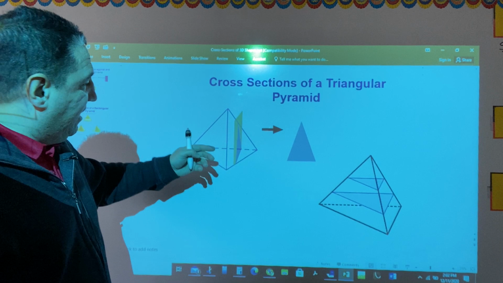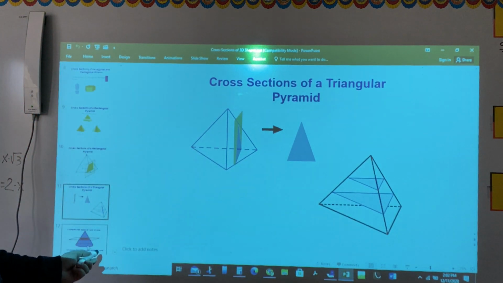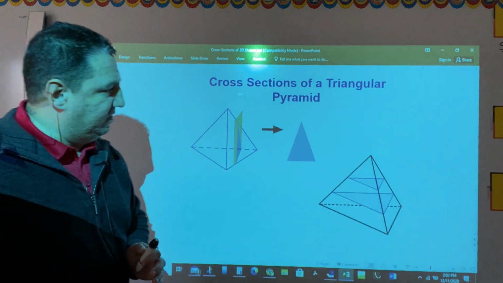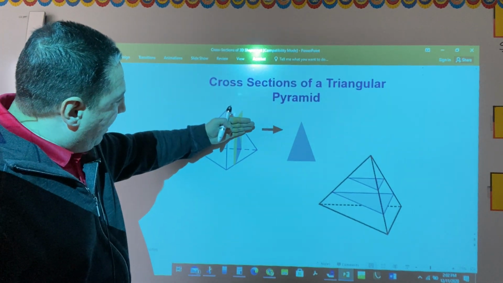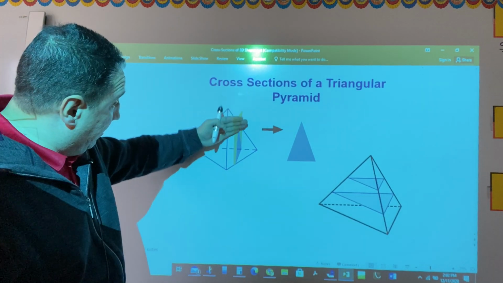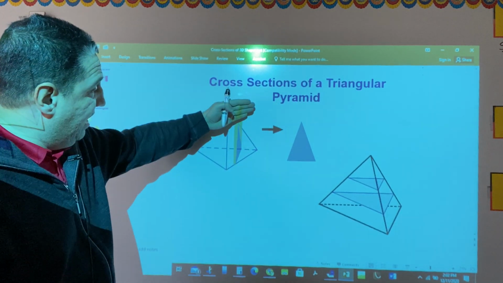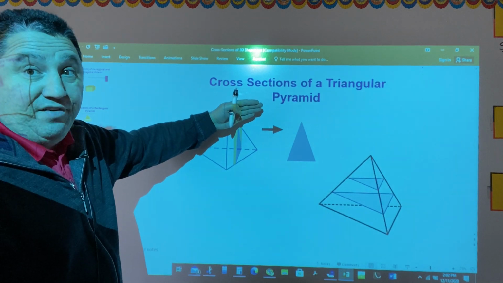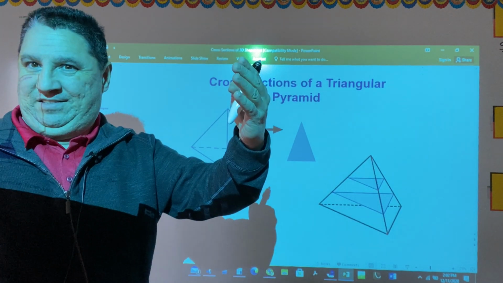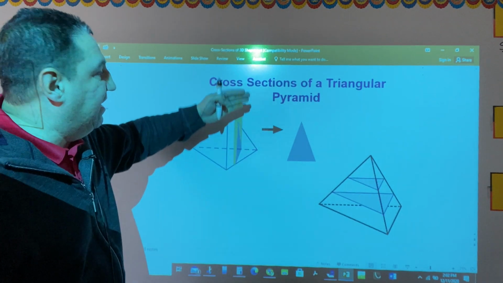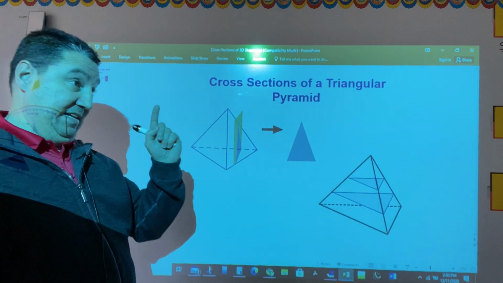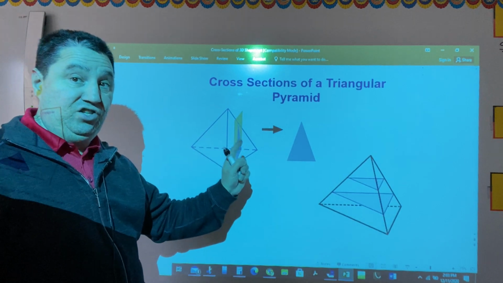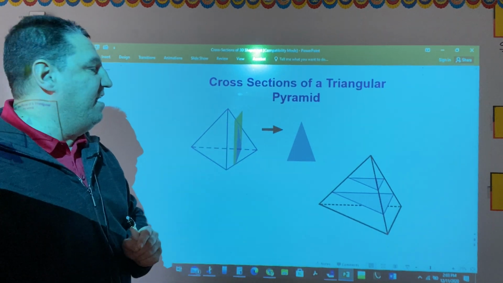But if we cut obliquely this triangular pyramid, we may have other shapes like a trapezoid. Remember, the number of sides of the cross section cannot exceed the number of faces.